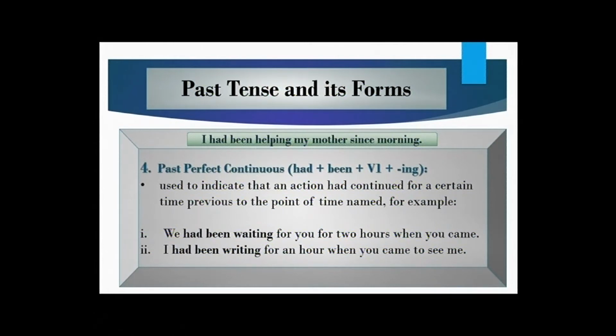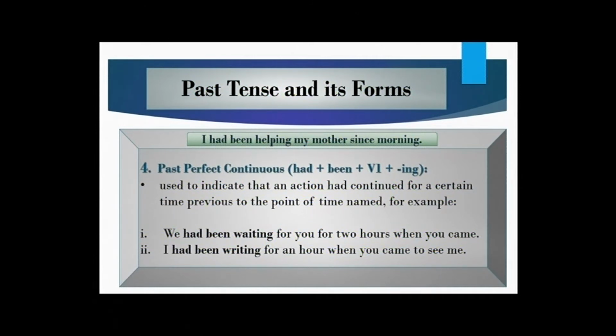It is also a mixture of perfect and continuous, right? Look at the example. I had been helping my mother since morning. Had been helping. So, this is the structure of these sentences.